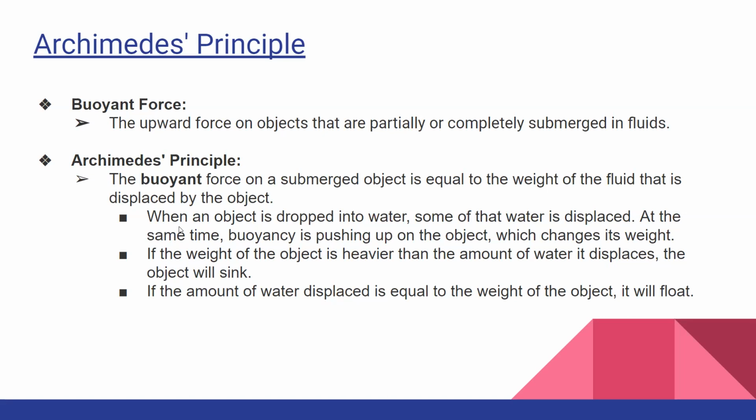Although this can be simplified down: whether something sinks or floats can be determined by its density. For example, water has a density of, if I believe correctly, 1,000 kilograms per cubic meter, although please don't quote me on that.